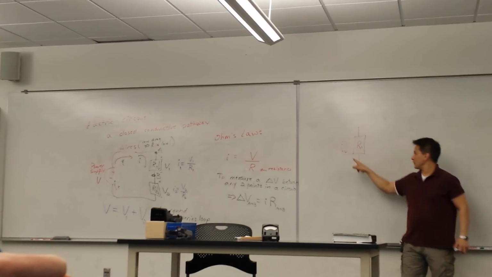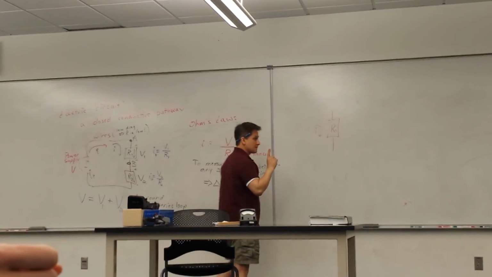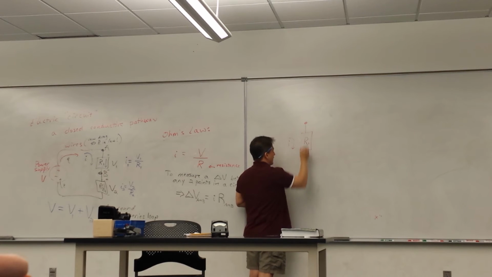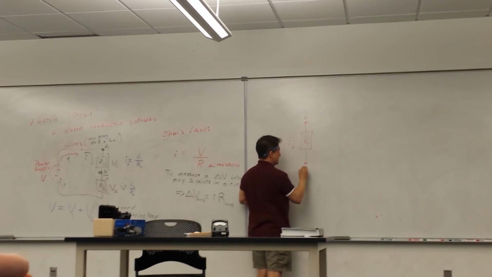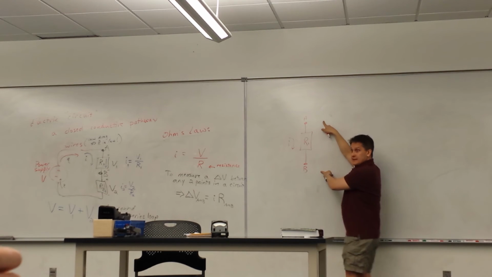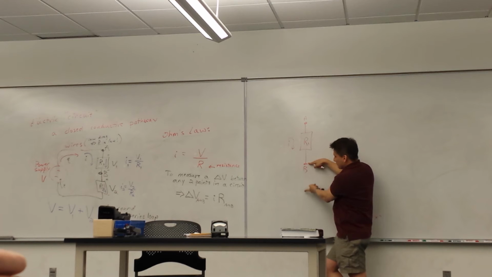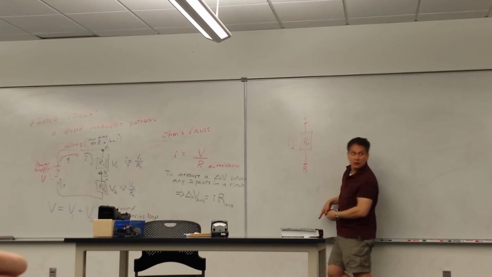It's I, whatever, but call it I. So if I want to know what's going on from A to B, I need to figure out how to measure across it. I don't want to measure in series with it, because then I'm not measuring the potential difference across it. I'm only measuring the potential difference between 2 ends of the wire along the same circuit. So it wouldn't be particularly helpful.